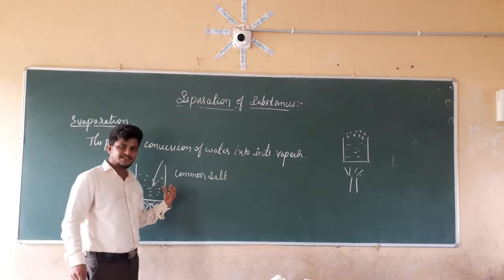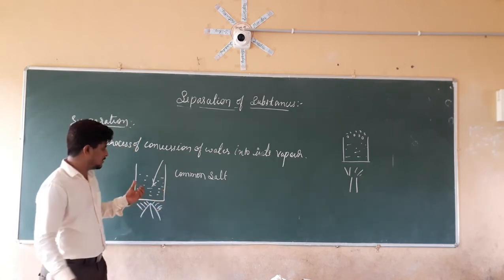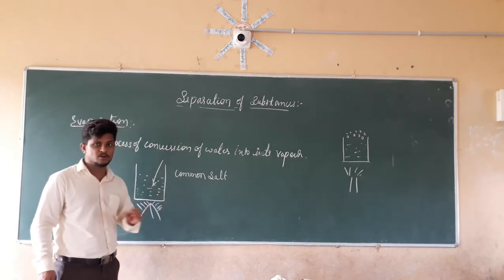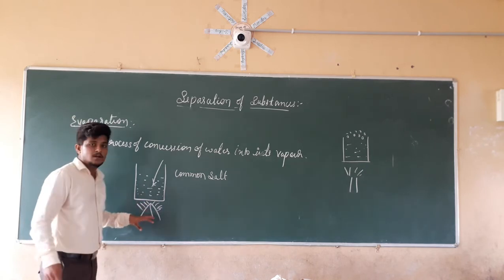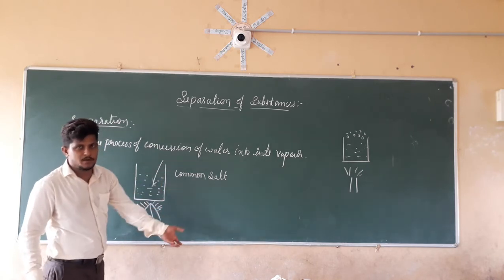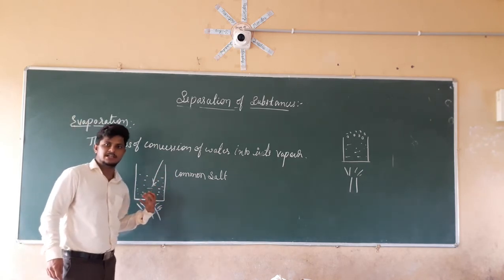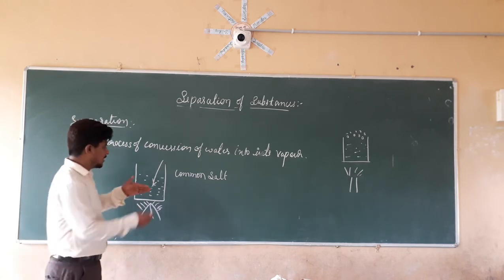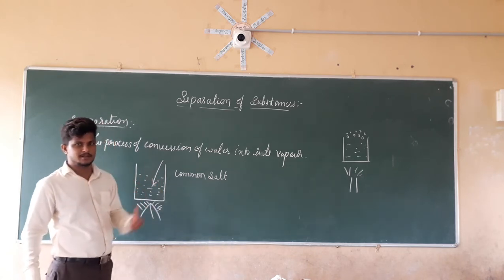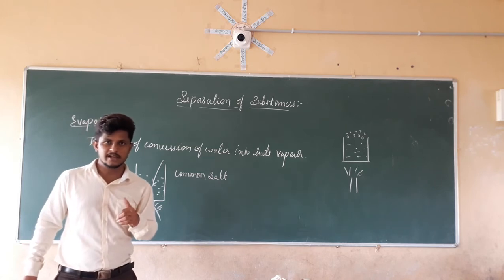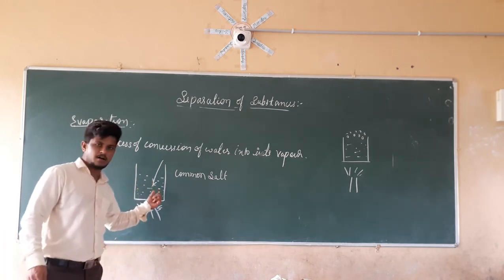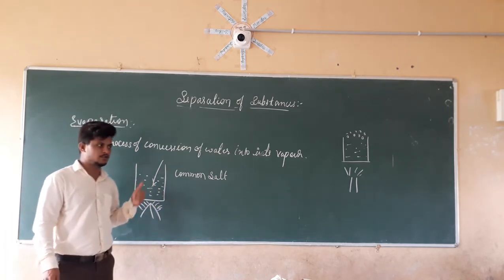If we add common salt, is it possible to differentiate between both? It is not possible. So by heating, the water present is evaporating. What is remaining there? It will be common salt. So salt is separated as well as water is separated. Right? I hope it is clear how evaporation is useful.